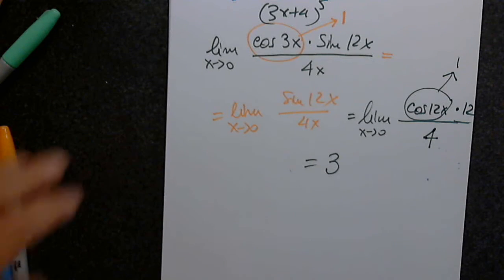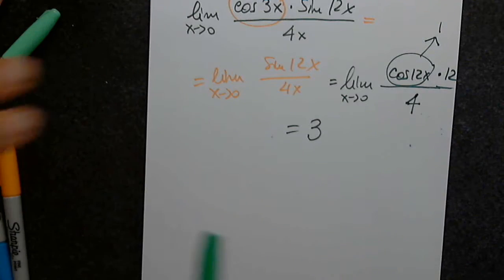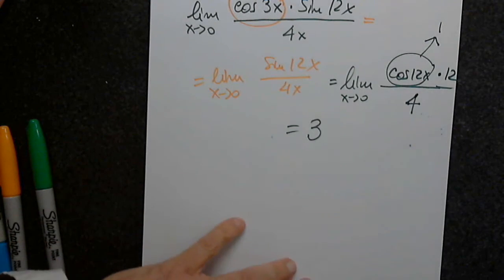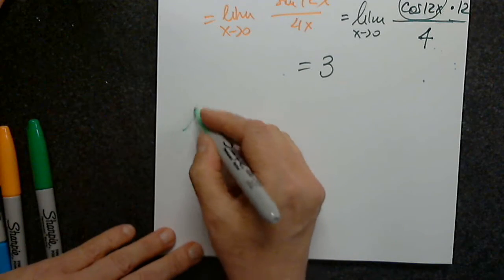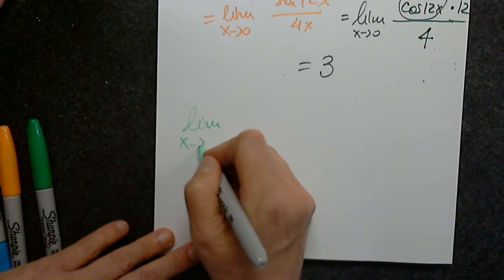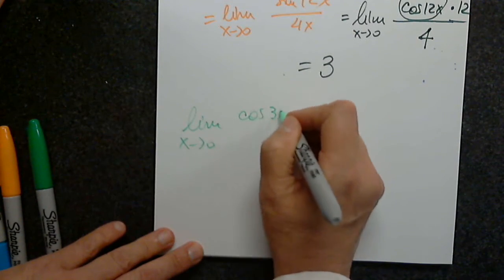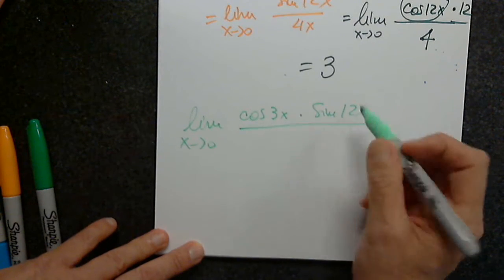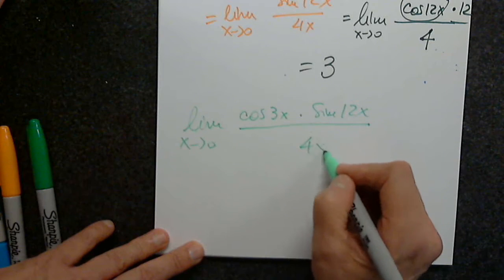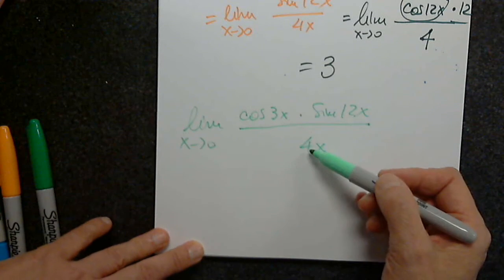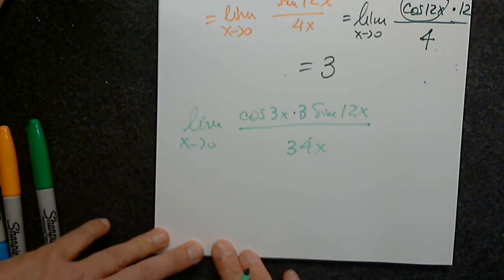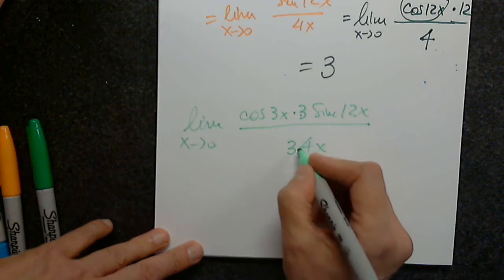I would have done something else. From the very beginning, I would have presented this. I would have said limit as x approaches 0 of cosine 3x times sine 12x divided by 4x. But I know this is 12 and this is only 4, so I'll multiply top and bottom by 3. I can do that.